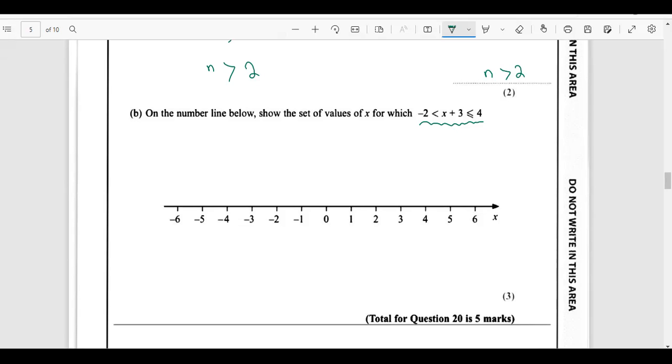So it would start at minus, well, x could be from anywhere between -4 and 1.